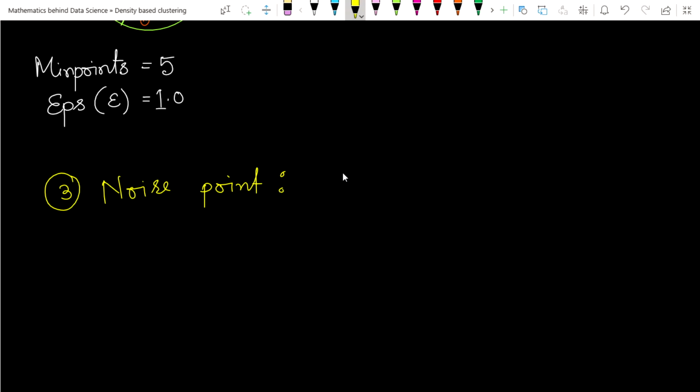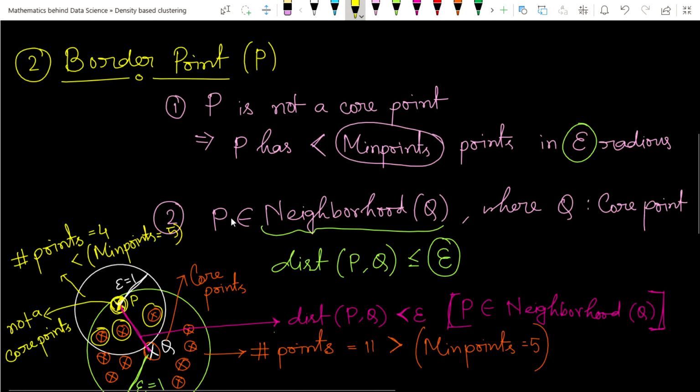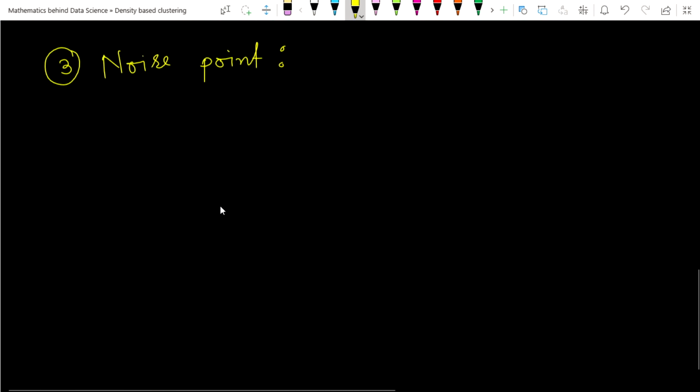Noise point: it is neither a core point nor a border point. Means if a point is neither a core point nor a border point, then we call this a noise point.